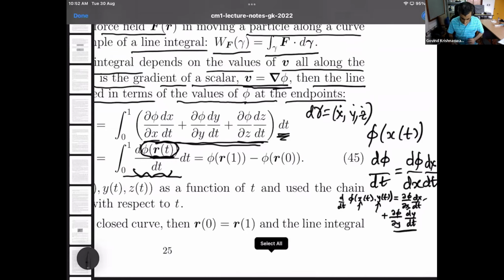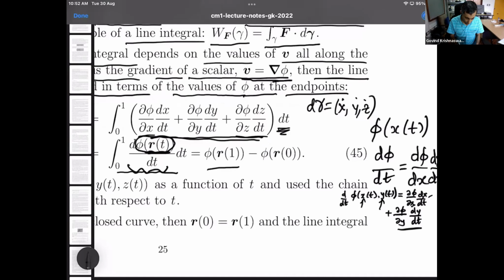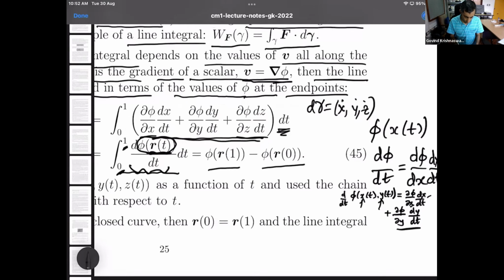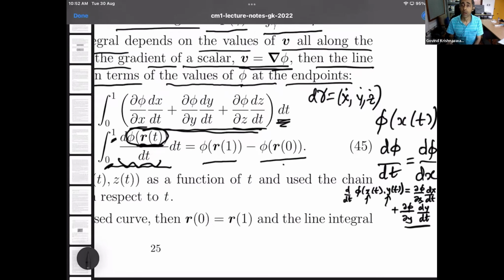This is called the fundamental theorem of calculus, but I am sure you have seen it in some guise. The integral of a derivative is the values of the function evaluated at the endpoints, subtracted. So here it's phi of r of 1 minus phi of r of 0. That is what 0 and 1 mean. I have to evaluate it at the initial and final locations.